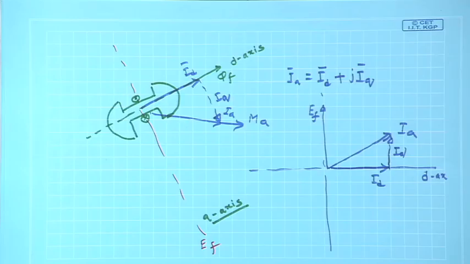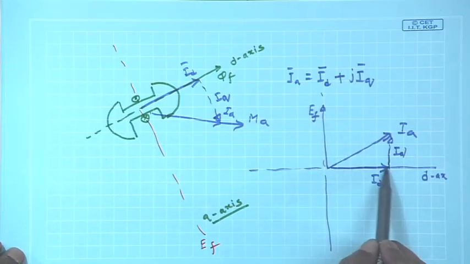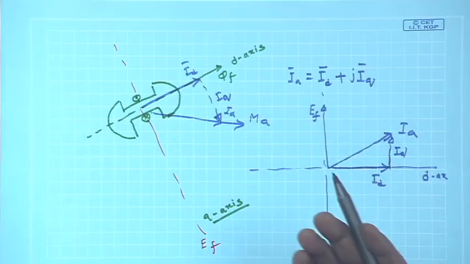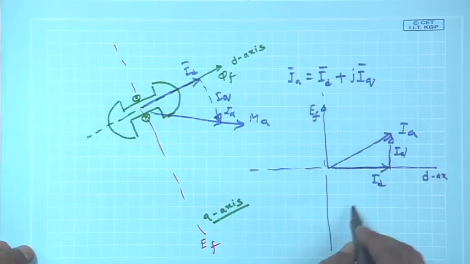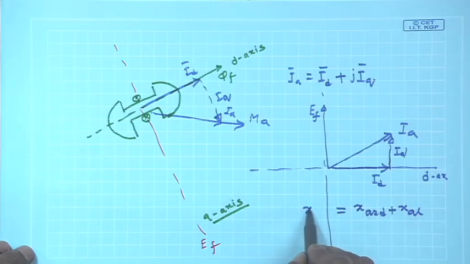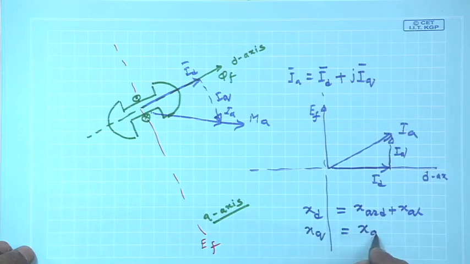Then I will say, okay, because of I d there will be a change in voltage, and because of I d there will be an armature reaction flux, X a r d plus X a l. This will be some direct axis reactance, X d, and X q is equal to X a r q plus X a l.